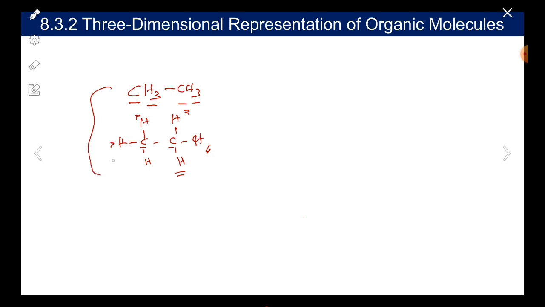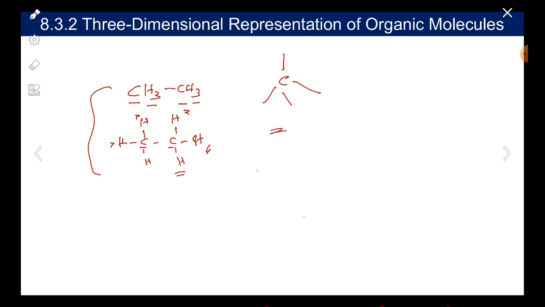This is a two-dimensional representation we write for our understanding. So how to write them? We understand that carbon has four valency, right? The four valencies are written as tetrahedral. And this is not the exact way it exists in nature. How it exists, that's the biggest question, right?